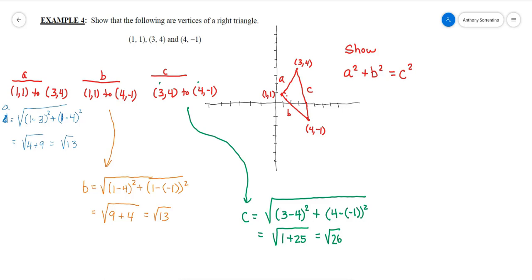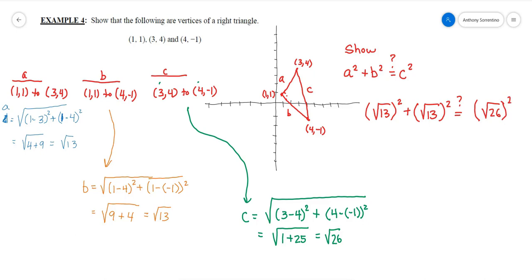And so now I get back up to the original problem here. Is this true? So if I take the square root of 13, which is what A was, and square it, and take the square root of 13, which was what B also was, and square that, does that equal C squared, C being the square root of 26, squared?